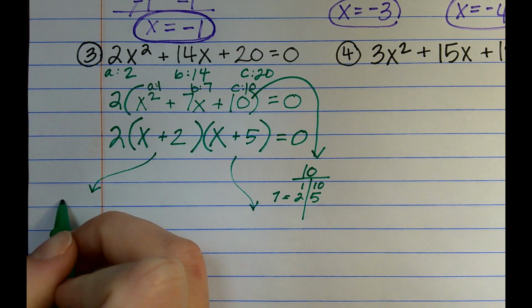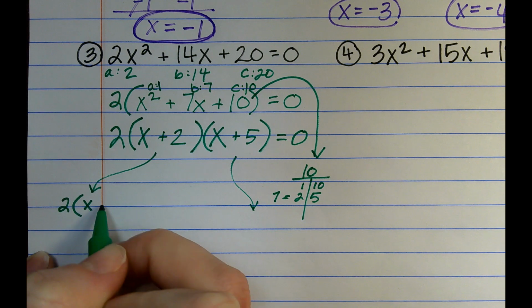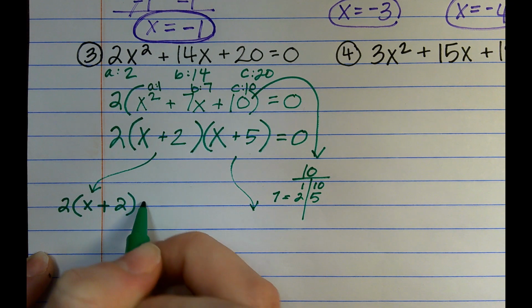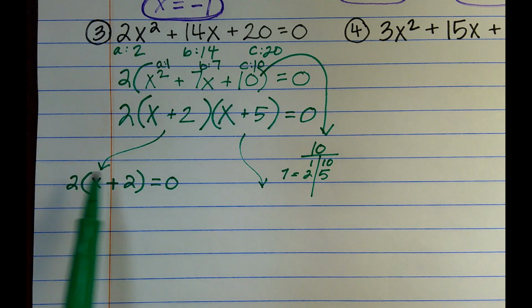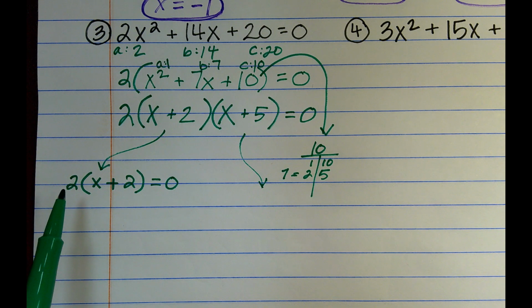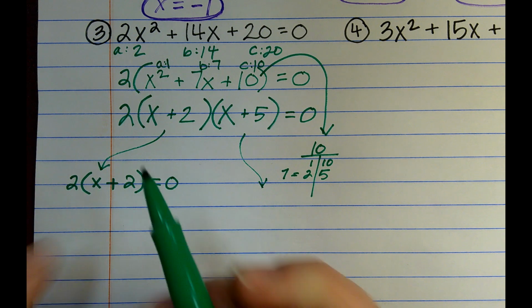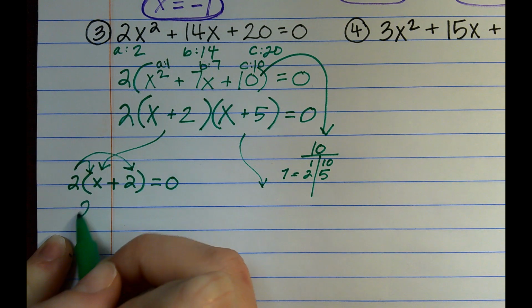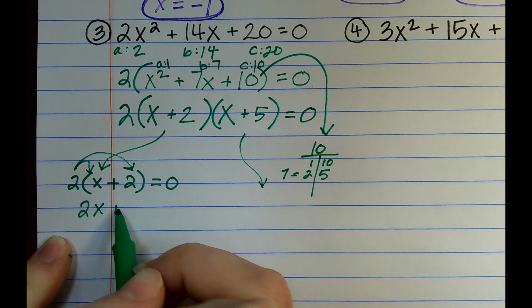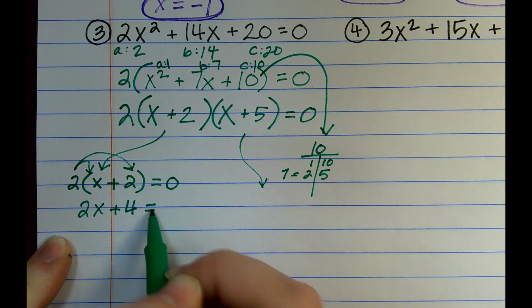Let's say I decided to write 2 outside of my x plus 2 equals 0. Okay? If I do this, what would my first step be? Yeah, we could distribute this 2 and multiply to get 2x plus 4 equals 0.